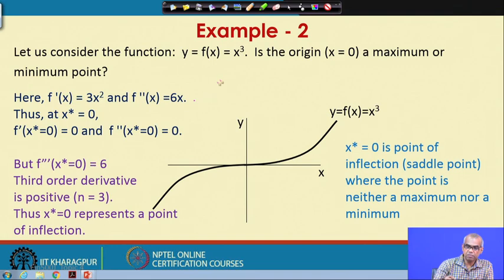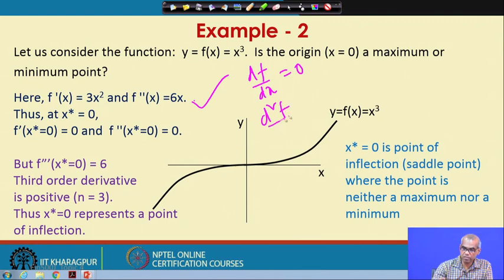The second derivative is 6x. So, at x equal to 0 both df dx equal to 0 as well as d square f dx square equal to 0. So, you cannot make any comment at this stage. So, we need to take the higher order derivative.